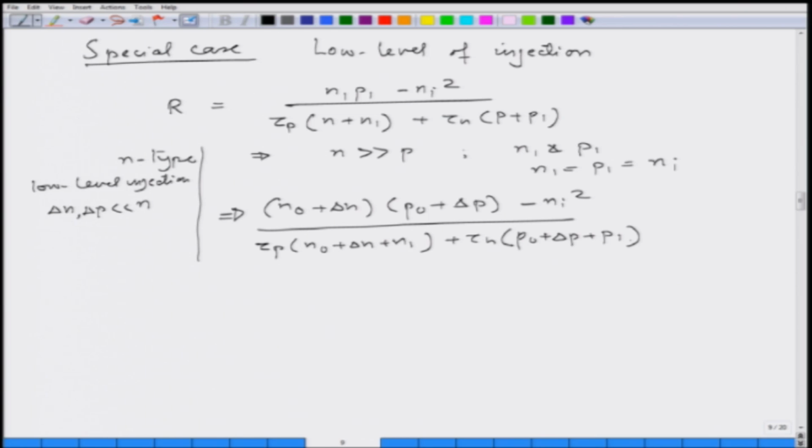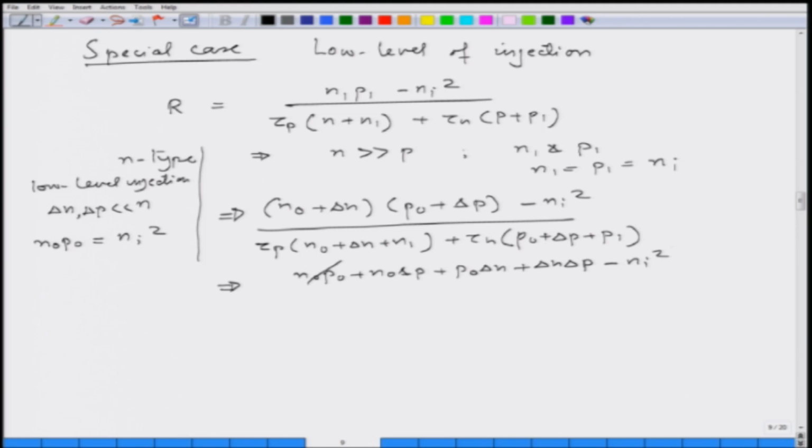Now, applying the condition for low level injection and the other condition, for which we know that n naught p naught is equal to n_i squared, if I expand this, I will get n naught p naught plus n naught delta p plus p naught delta n plus delta n delta p minus n_i squared.